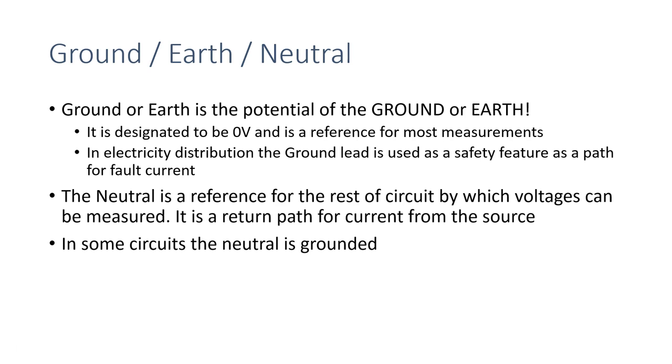In some circuits, like the power system, the neutral is often grounded, but as long as you have something floating like an electronic device or so, the neutral is actually not at ground potential. For that device itself, we may designate it to be 0 volts, but that does not mean that it is the same 0 volts that is the potential of the earth.